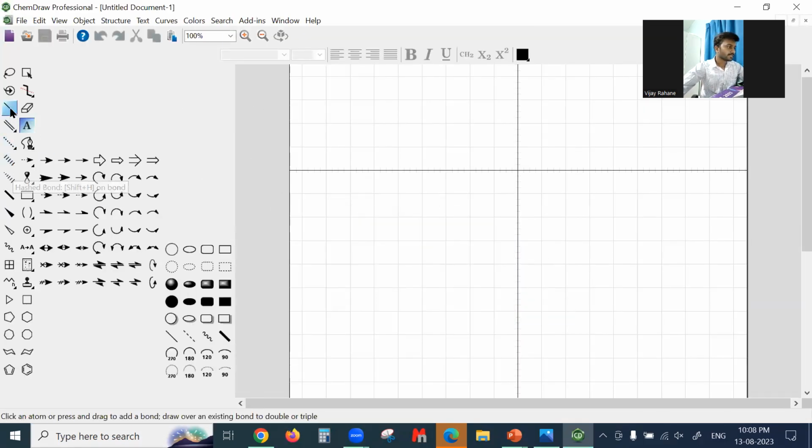Let's say I have one carbon atom, which has the, right, this is the structure, and we can see here the oxygen atom, here also the oxygen atom.